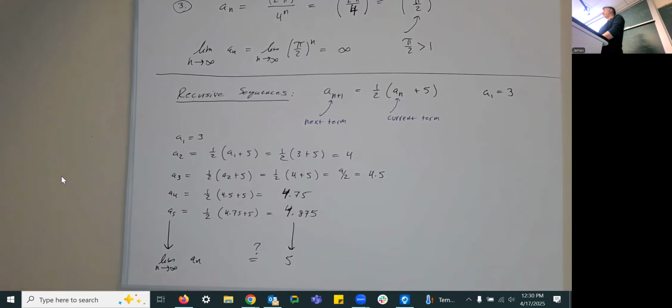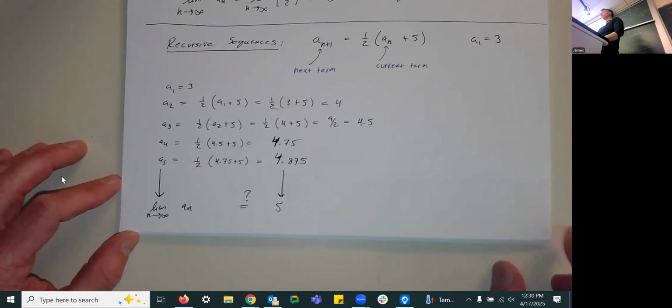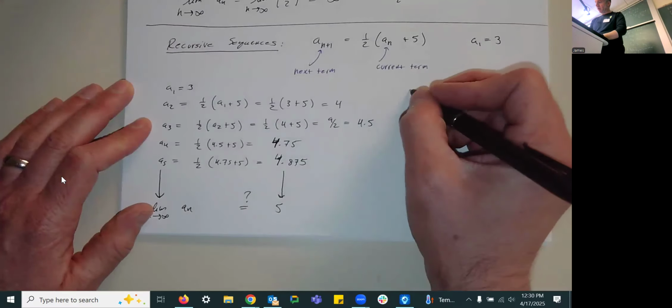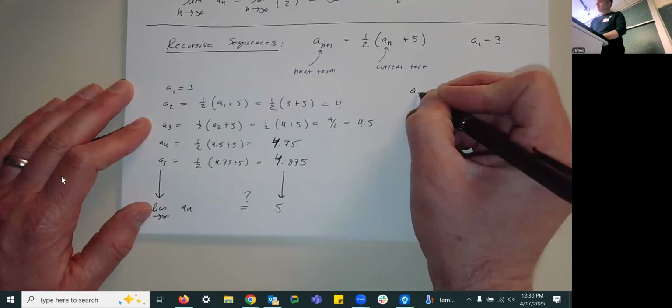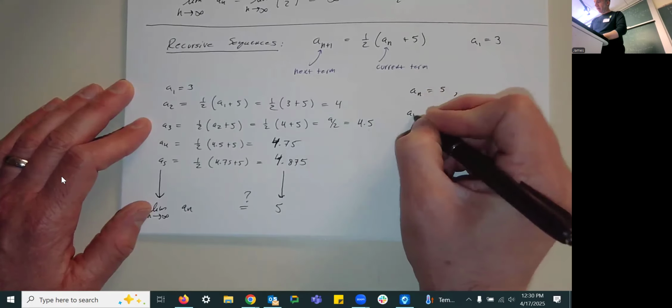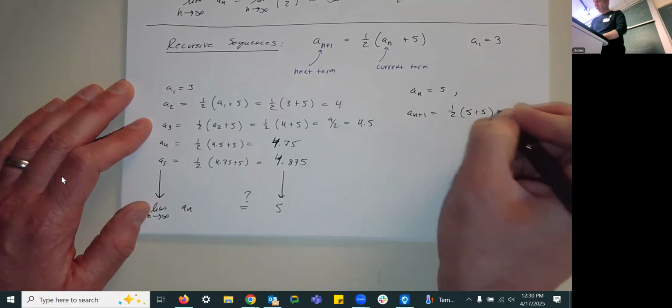So is it 5? Well, for recursive sequences, we have this idea of what's called a fixed point or an equilibrium, where if you plug that number in, you get the same value back. So let's just point out that if a sub n is equal to 5, then a sub n plus 1 is going to be 1/2 times 5 plus 5, which is indeed 5.